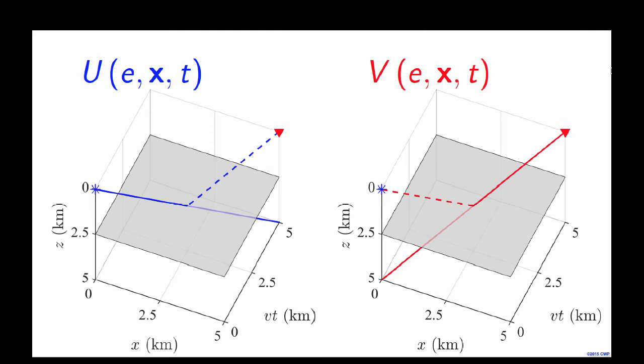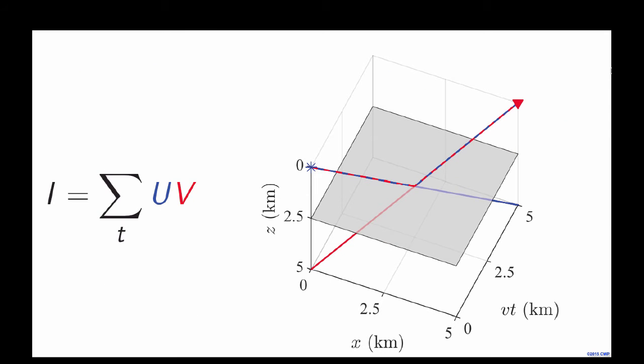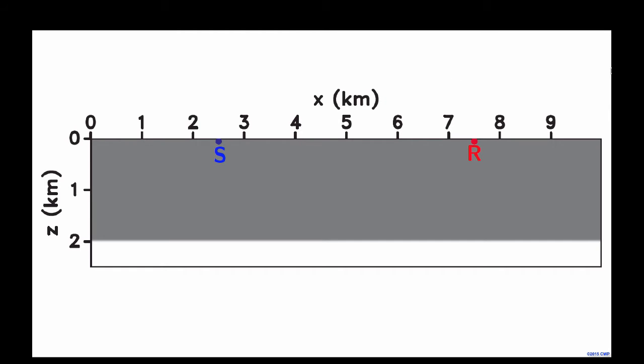If you overlay both of these wavefields in order to get an image condition, we can see here that when you have backscattering, the wavefields coexist not only at the reflector location but also along the reflection path. And this forms an artifact in numerical images, as I'll show next.